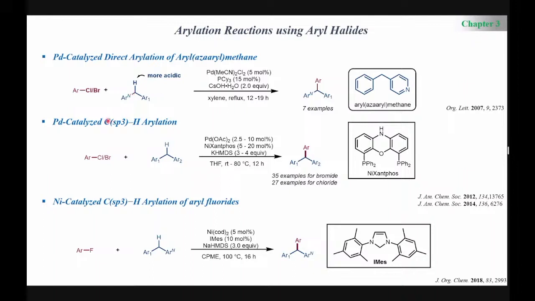And 5 years later, a more sophisticated reaction was reported. Compared to this one, this reaction condition is milder and the substrate scope is broader. And to make it better, ordinary diarylmethanes are compatible with this reaction.